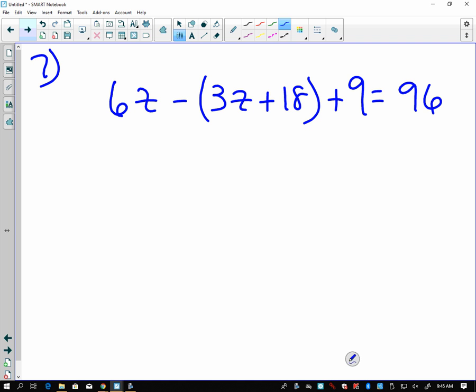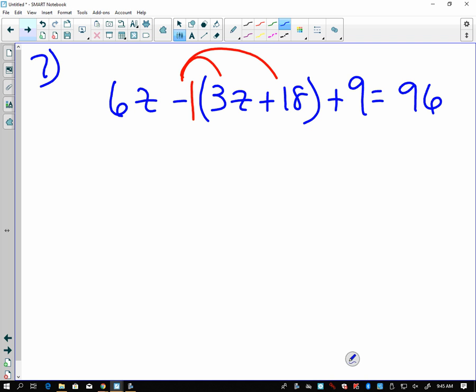Very good. Absolutely. You distribute the negative to everything inside the parentheses because that is multiplication. It's -1 times everything inside the set of parentheses, correct? All right. So -1 times 3z, -1 times 18. So when I go to rewrite this question, what am I writing? Hold on.